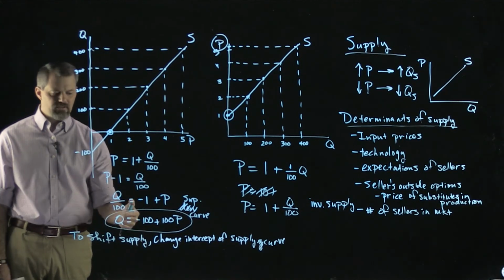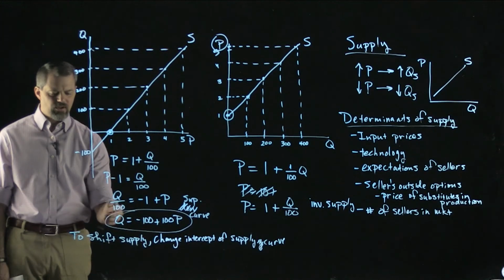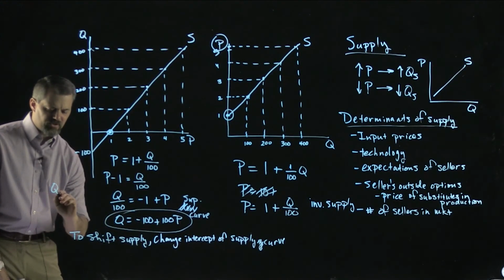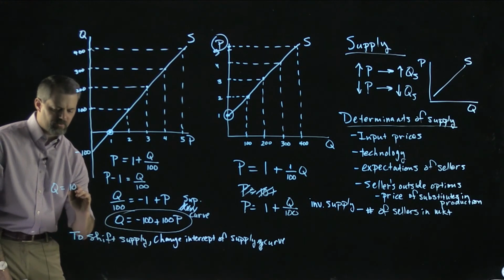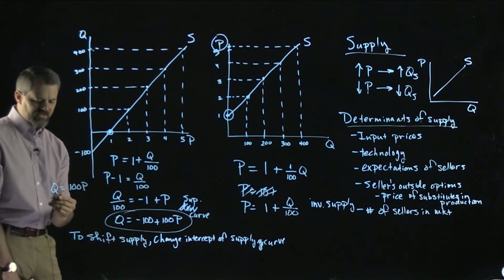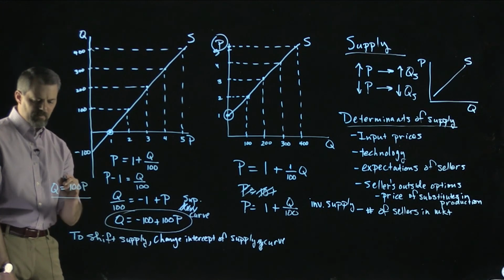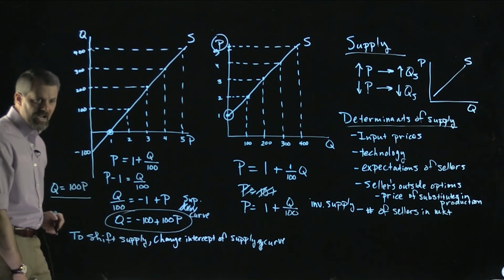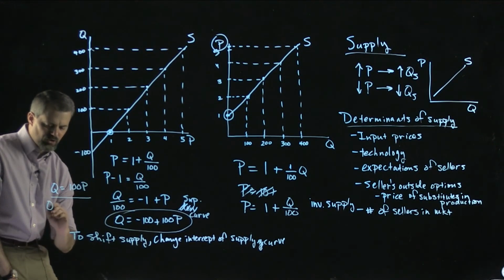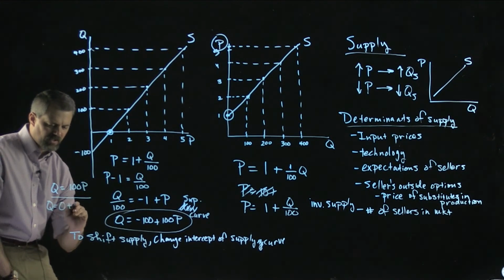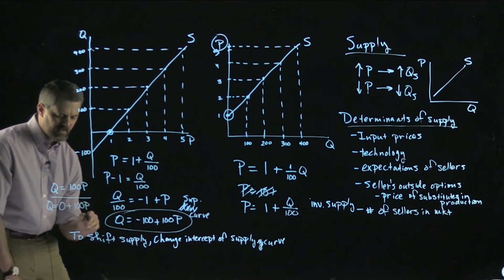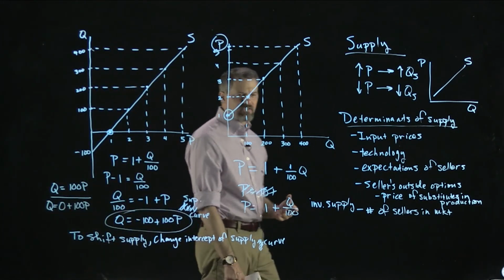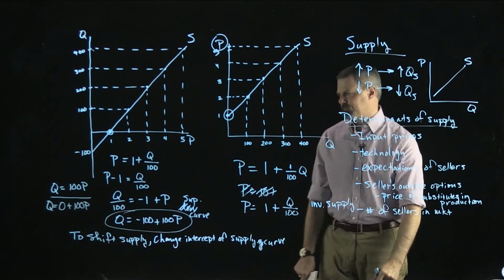If we add 100 to that, our intercept becomes 0. So our new supply curve would just be Q equals 100P. In this function, the intercept is 0. We could write this as Q equals 0 plus 100P.